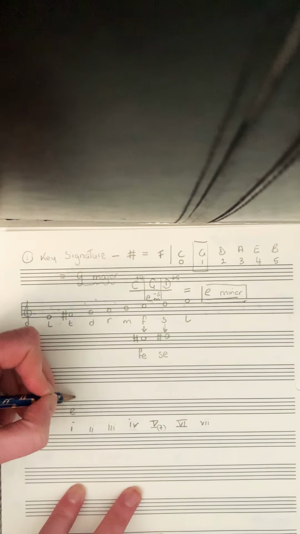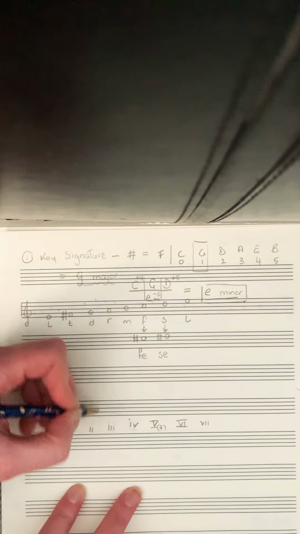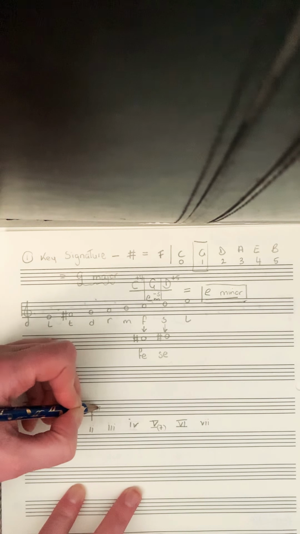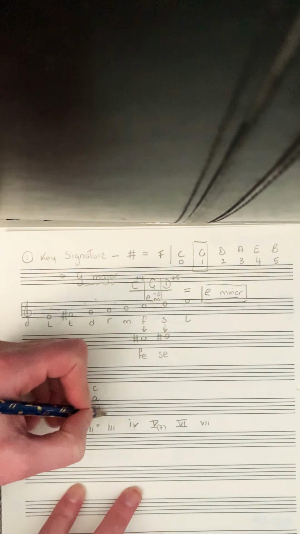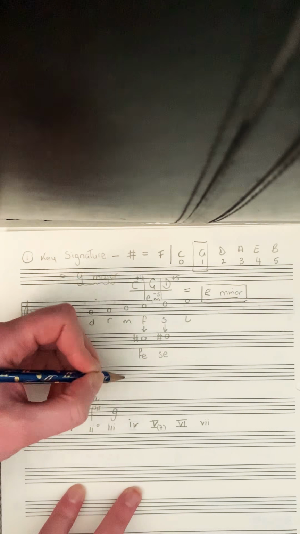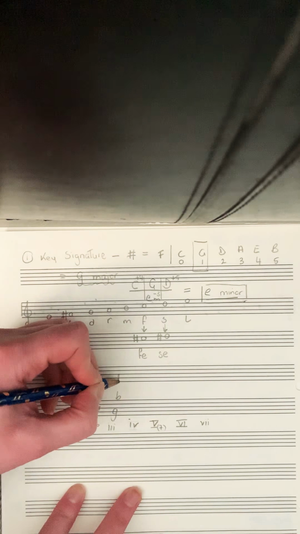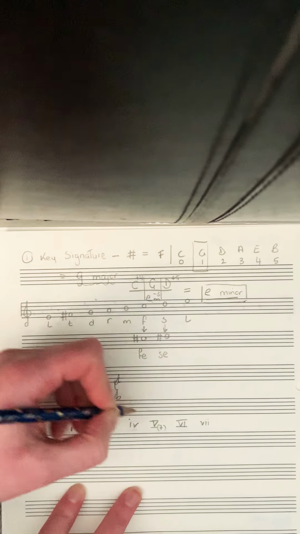So 1 is E, G, and B. 2 is F sharp, A, C. It's diminished. 3 is G, B, D. We're not going to be using that one.